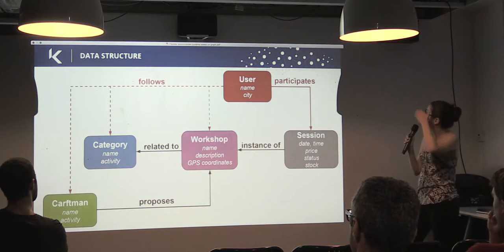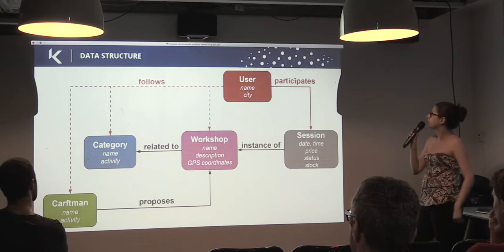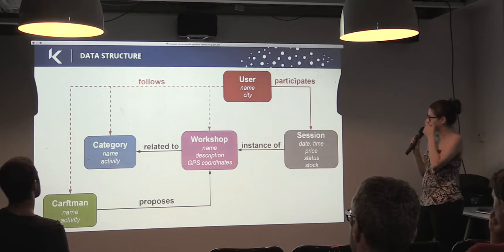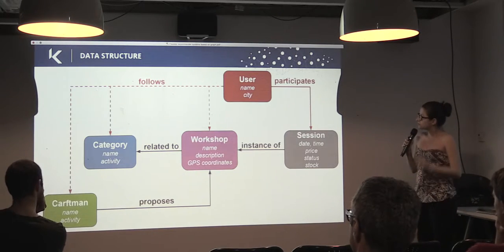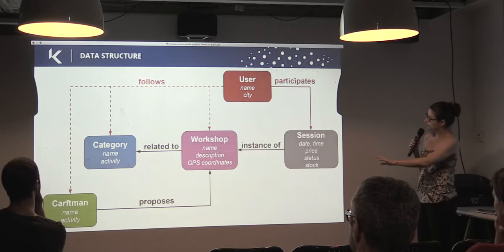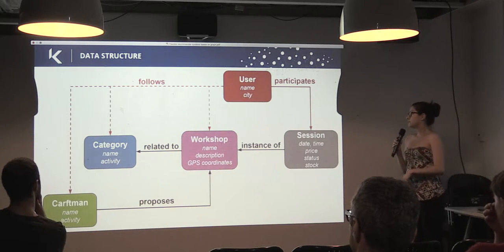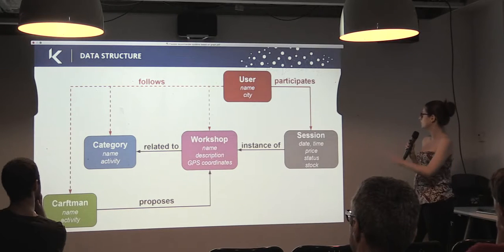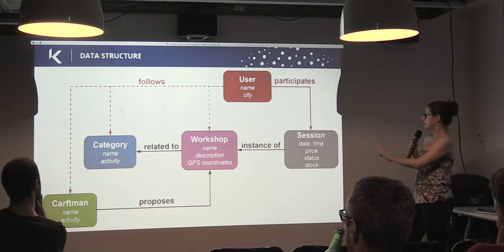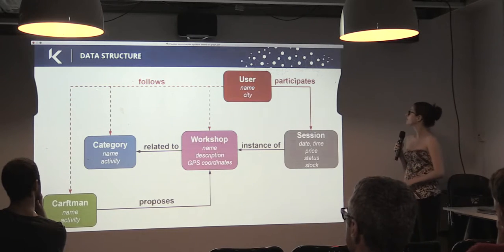Here you can see the structure of the graph we used to build our recommender system. You can see that there are 5 different types of nodes. On one side you have the craftsmen who propose workshops. Each workshop can be related to several categories, and each workshop has several sessions, one session being an instance of a workshop with a given date and price.